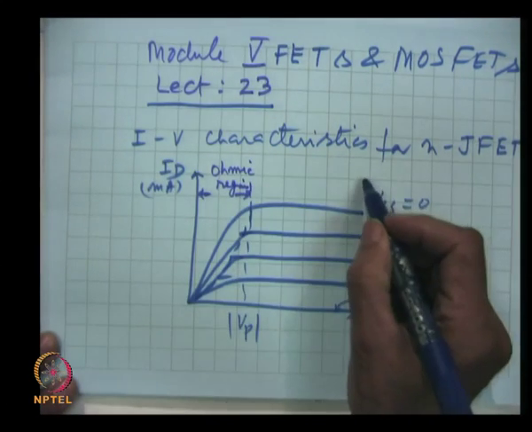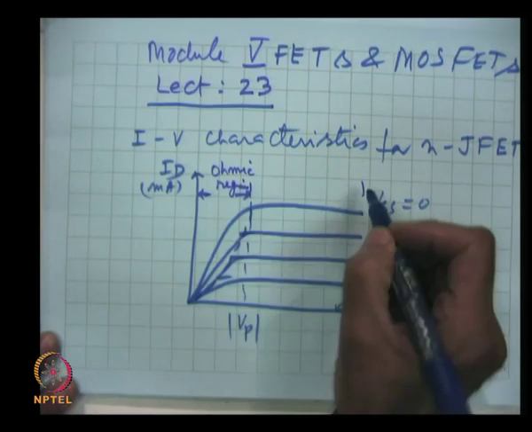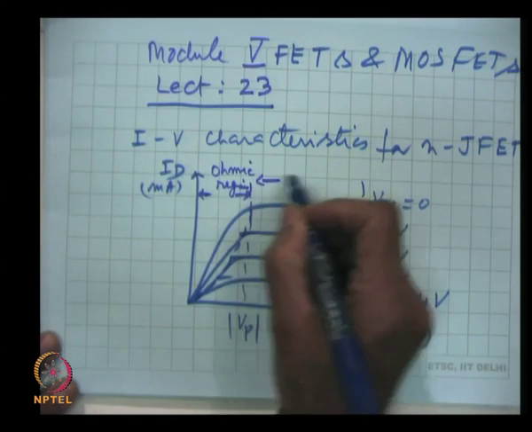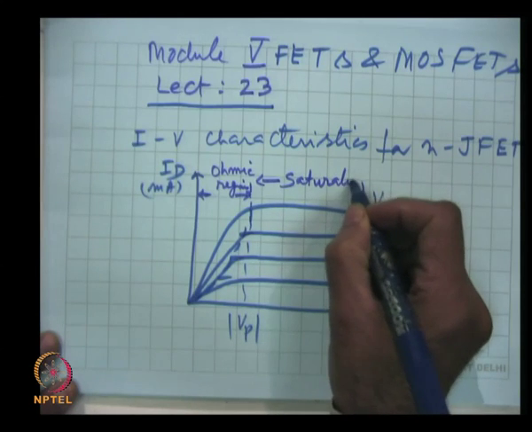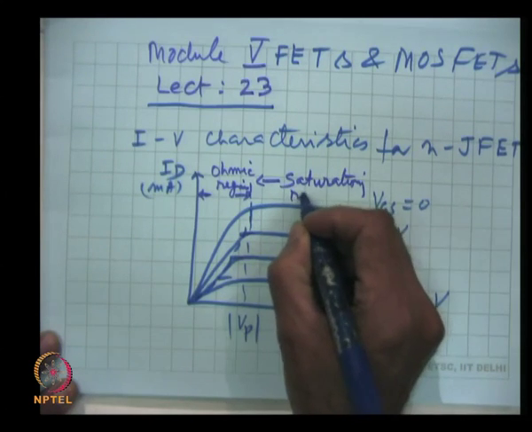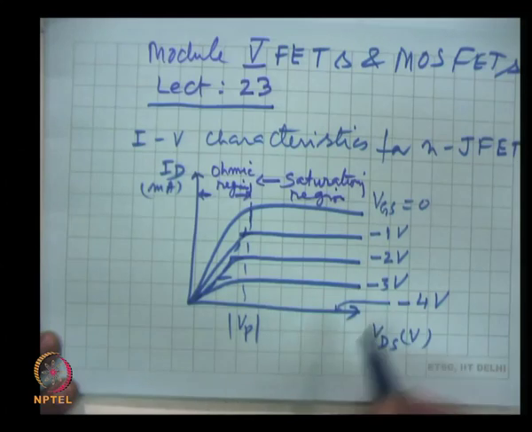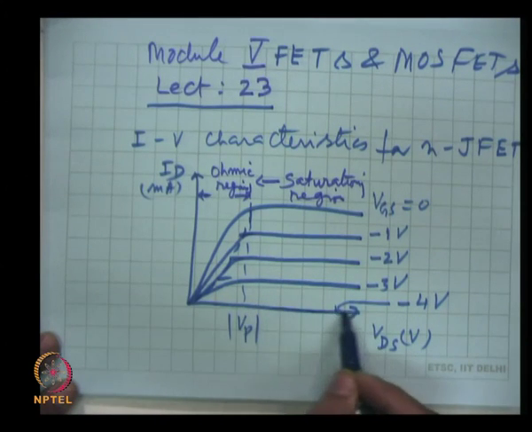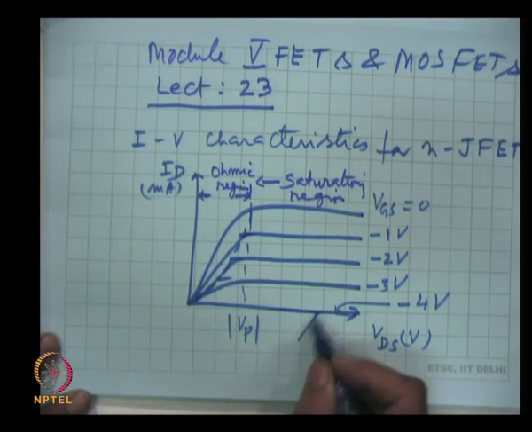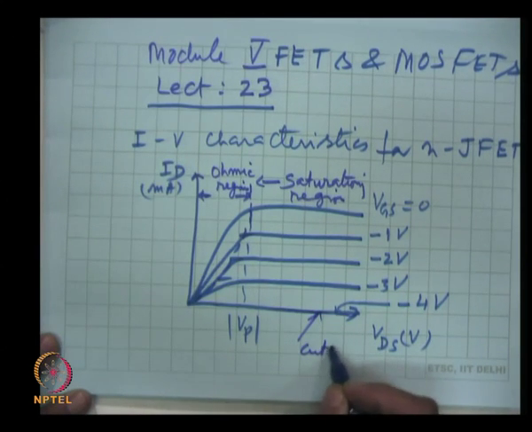From here to here, this is the saturation region. And here, where the drain current drops to 0, that is the cutoff region.